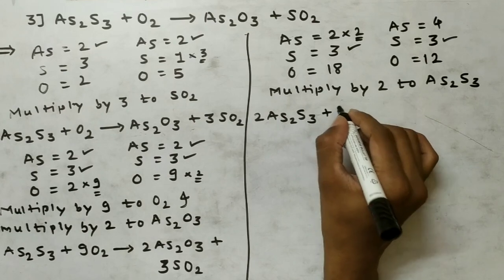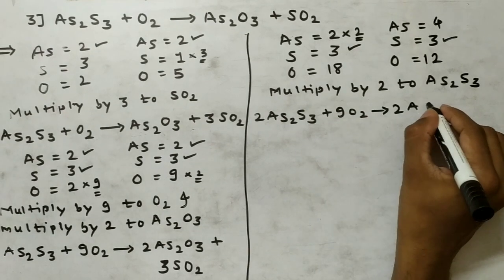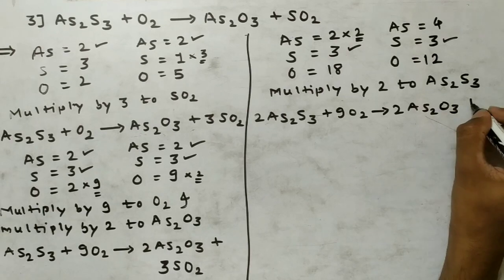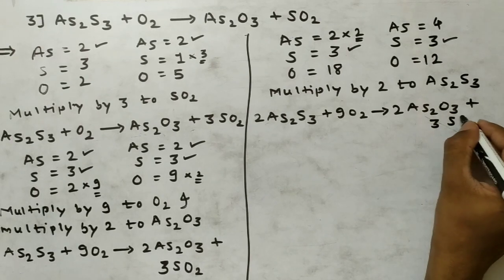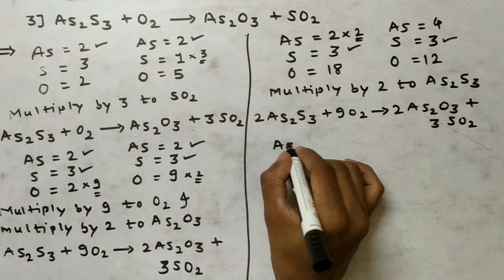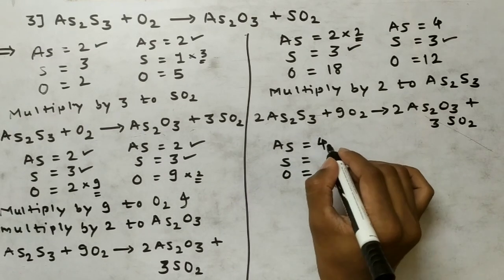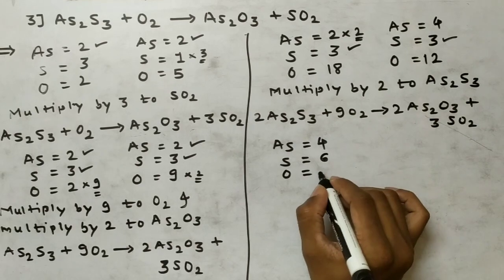So what we'll get? 2As2S3 plus 9O2 gives 2As2O3 plus 3SO2. Now we'll again write down the number of atoms. As, S, O: 4, sulfur 6, and oxygen 18.